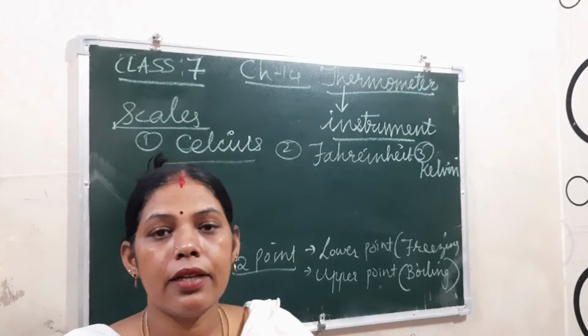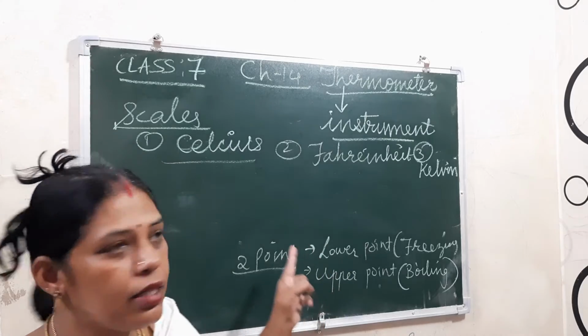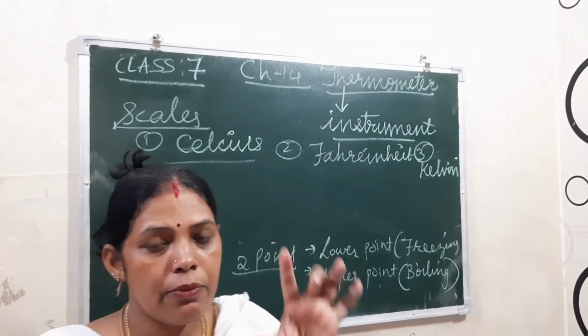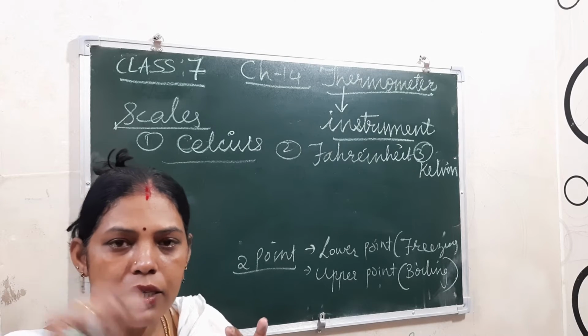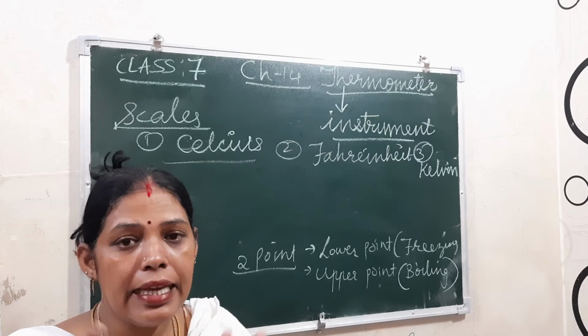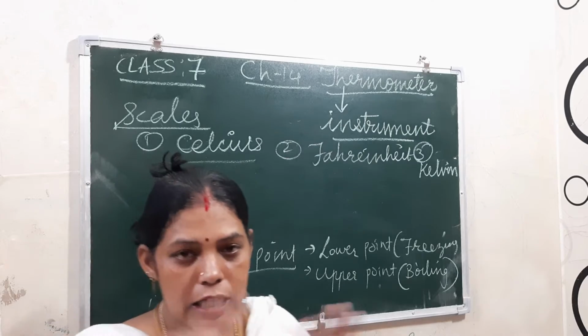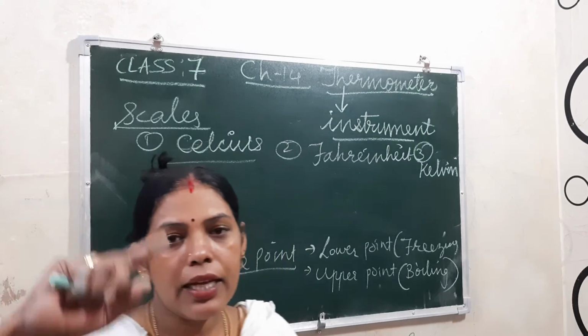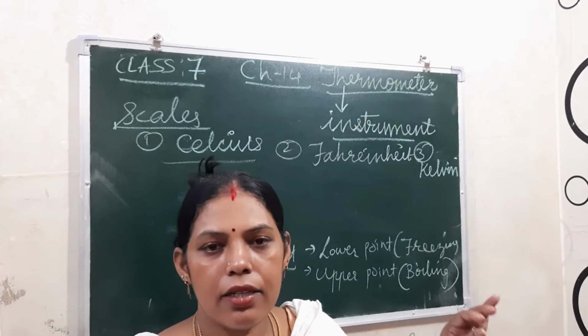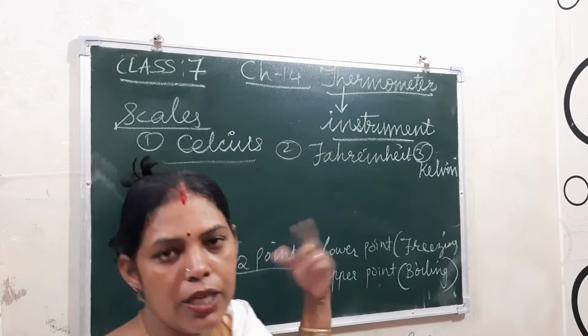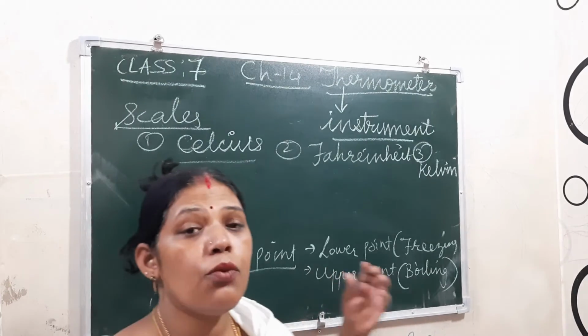And this thermometer has mercury kept inside. Actually it expands when there is heat, and it goes up, so that the doctors or nurses can read the temperature. And why do we not keep it in the mouth for small children?